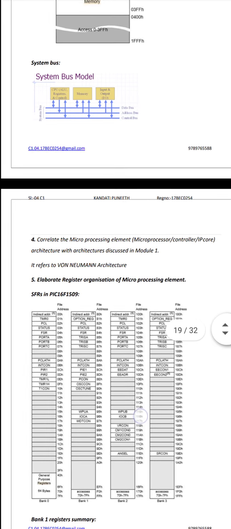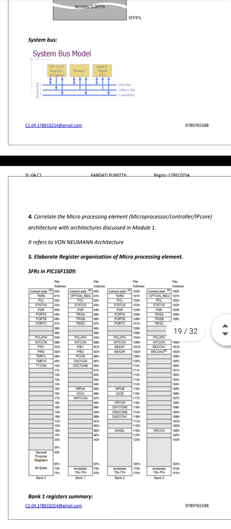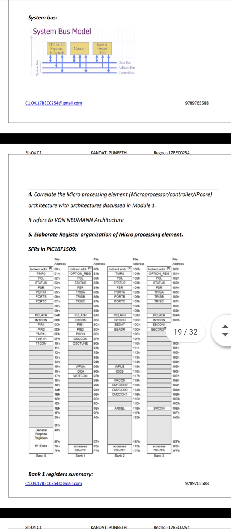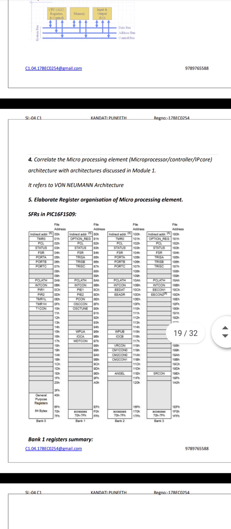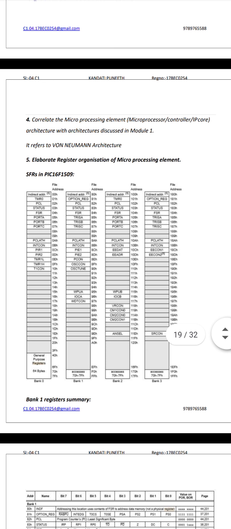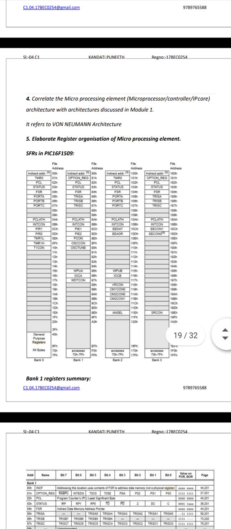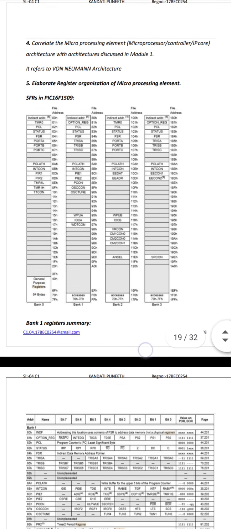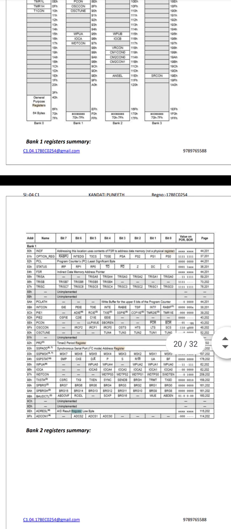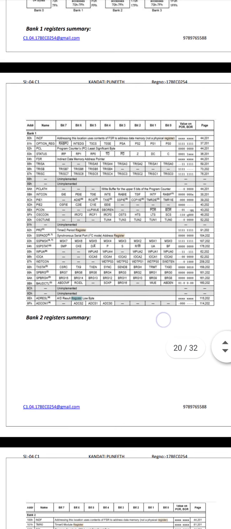And coming to the fourth question, here we correlate the microprocessing element with the architecture we discussed in module 1. Actually, it refers to the von Neumann architecture. And coming to the fifth one, elaborate the register organization of the microprocessing element. This is the organization of the microprocessing element. This is the bank 1 register summary.